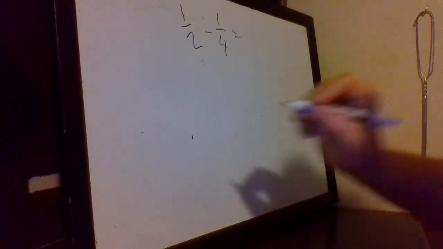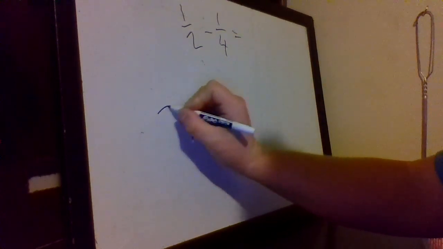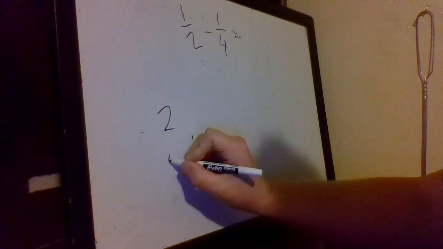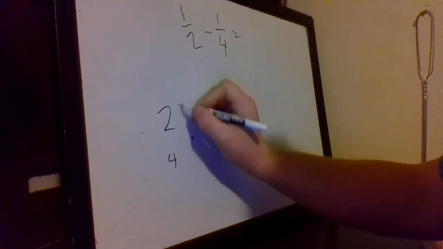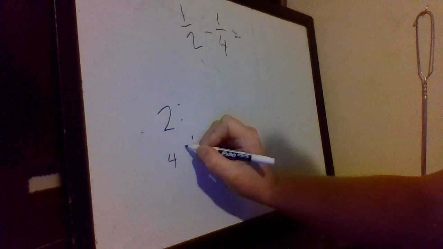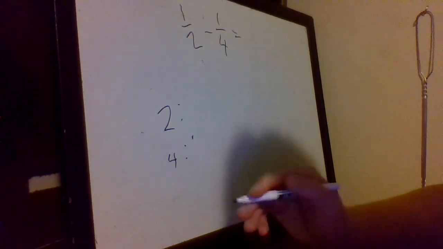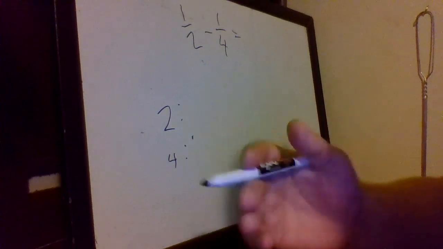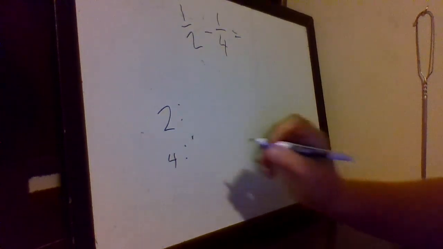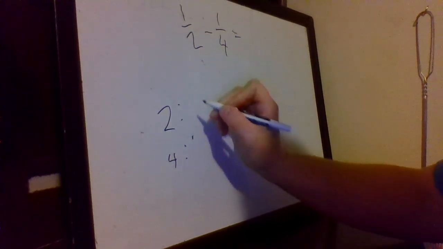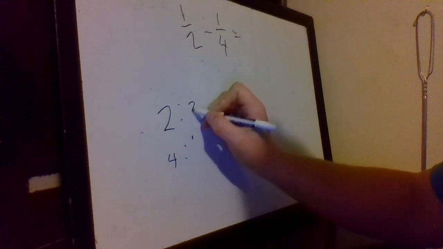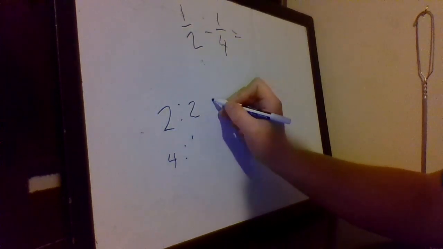Okay, so 2 and 4. We need to find what? The least common multiple, right? So let's look at 2. 2 times 1 is 2. 2 times 2 is 4.